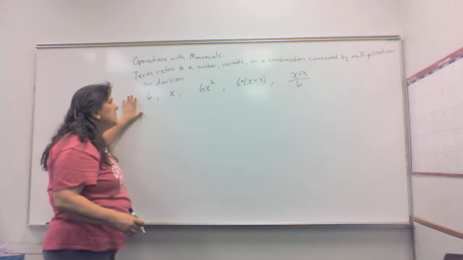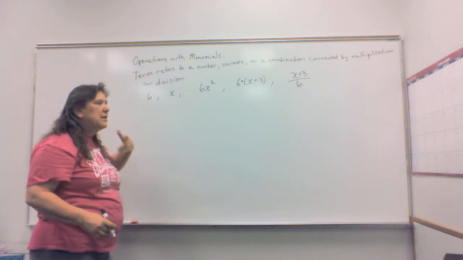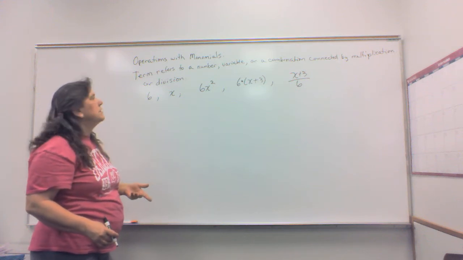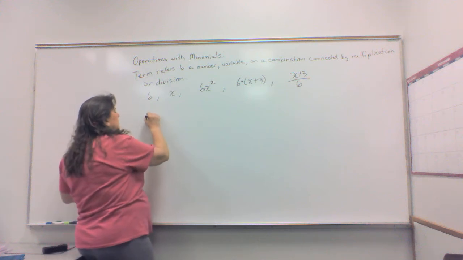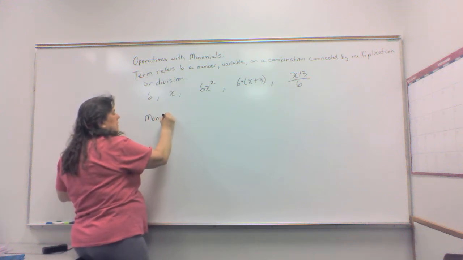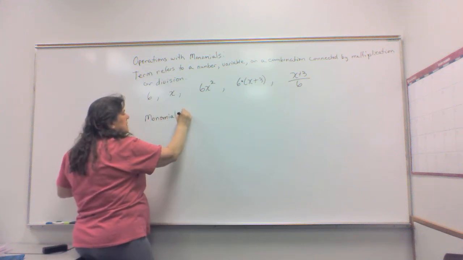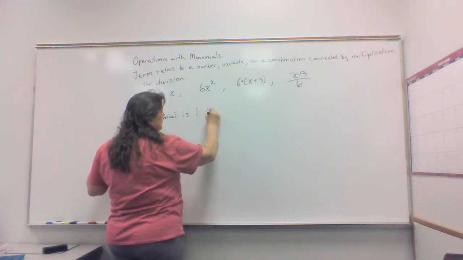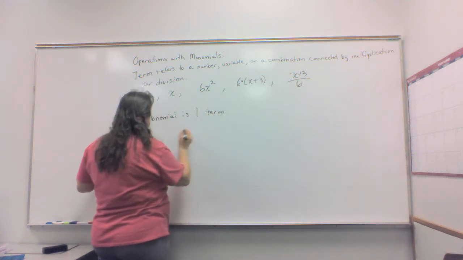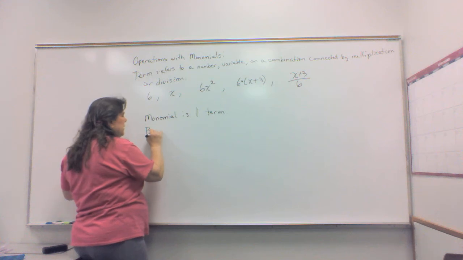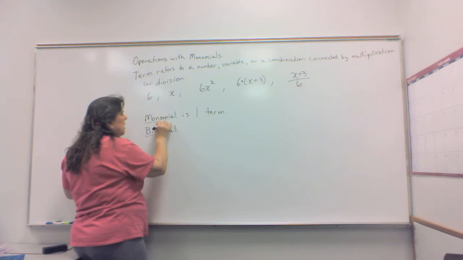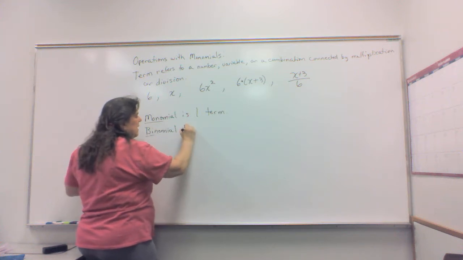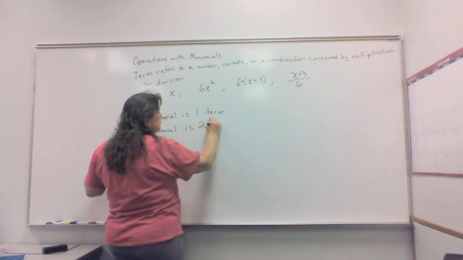So what happens then when we start thinking of monomials? A monomial is one term. We might as well do this too. A binomial, bi means two, mono means one, so a binomial is two terms.